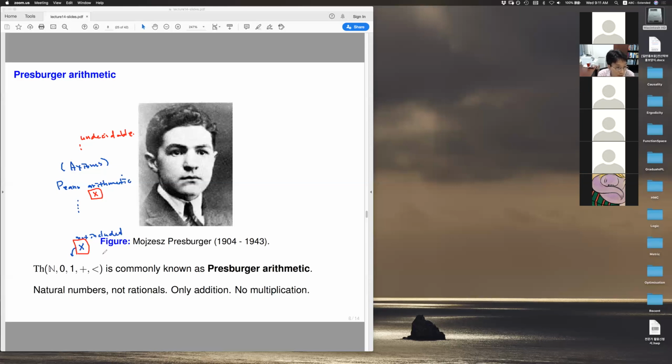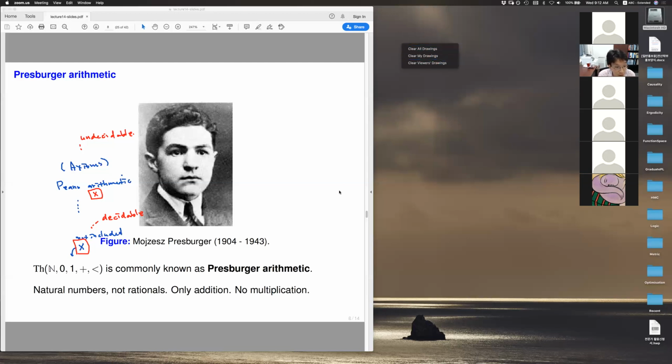On the other hand, if we exclude multiplication, things become substantially easier. As I will show you, this turned out to be decidable. In fact, there are implementations which check decidability of a formula written in Presburger arithmetic. The very high-level message is that for number theory, once you start to include multiplication, things become substantially more complex.